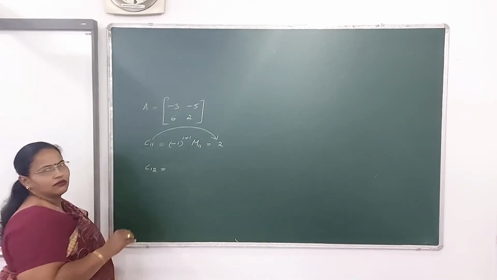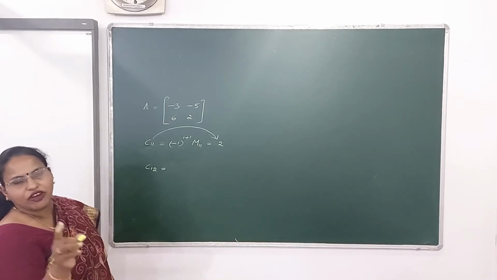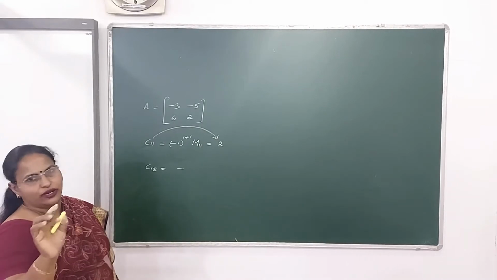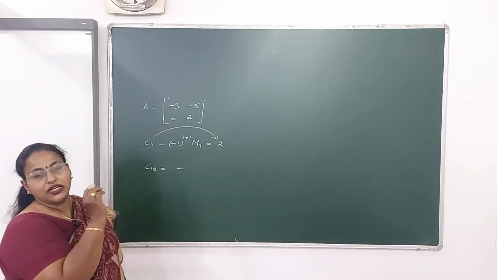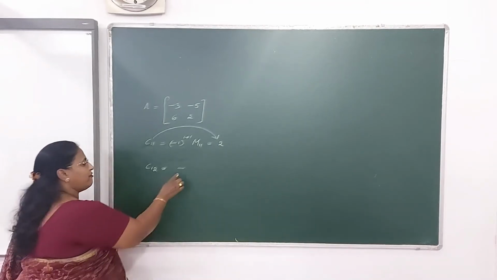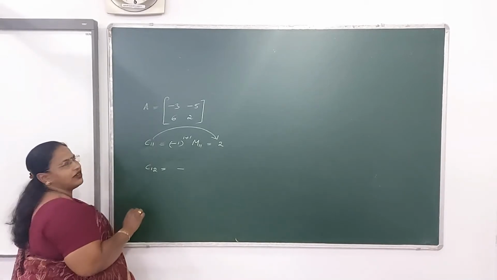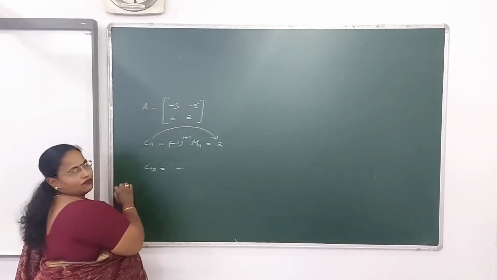C12. 1 plus 2 is odd. That means as per the formula it will carry a minus sign. So let us place a minus sign here. So this you can do directly. Minus 1 to the power i plus j into Mij. So here you have to write down the value of M12. What is M12? Delete the first row and the second column.